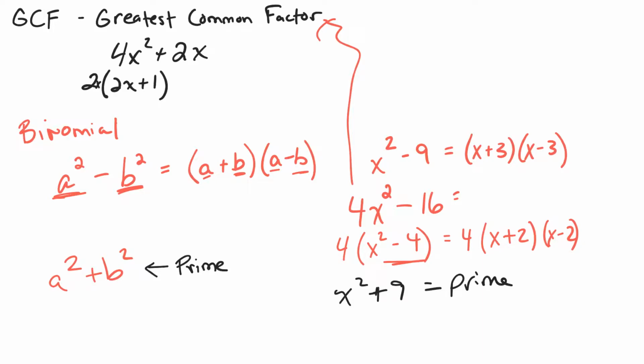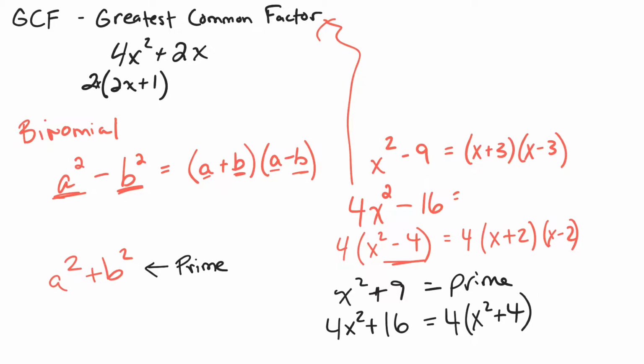By the way, if you end up with a sum of squares that has a common factor, so I'll just stick with that same example up there, but it's a sum instead of a difference this time. While we can't factor that as a difference of squares, because it's a sum, we can still factor out the common factor of 4. We just can't go any further.